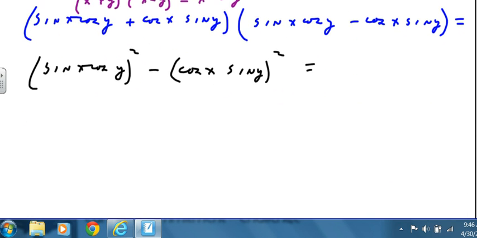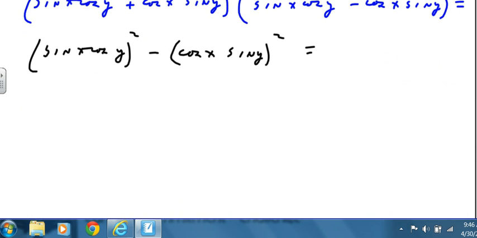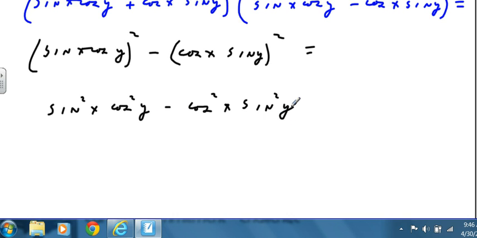All right, so that's probably the only reason the problem's there, so we can remember that. So now I've got sine squared x cosine squared y minus cosine squared x sine squared y.